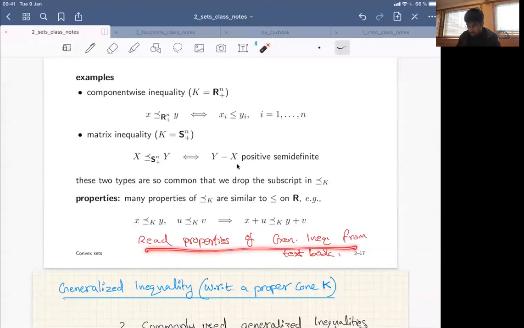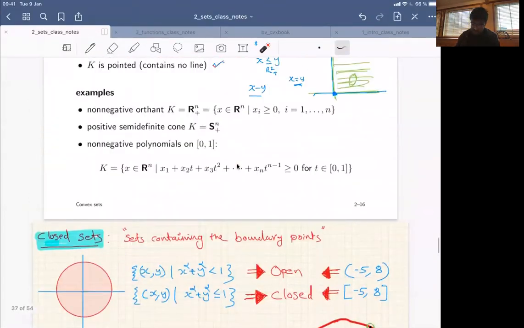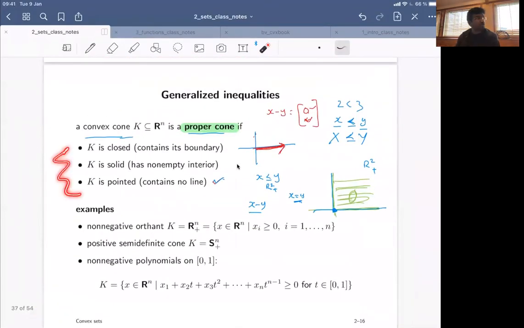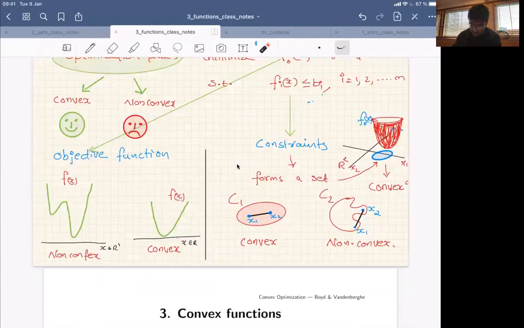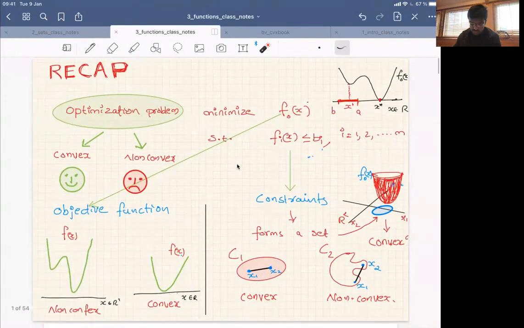I asked you to read the properties from the textbook. Some of the properties are derived considering these assumptions also. But we don't go into detail because we have limited time. Now we start with the next topic, convex function.